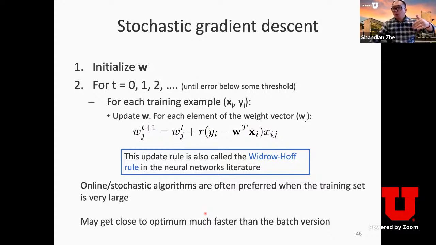We would rather frequently update our model with not very good updates. But as long as we update frequently enough, we can still expect our model to get close to the optimum much faster than the batch version. That's the benefit of stochastic gradient descent.